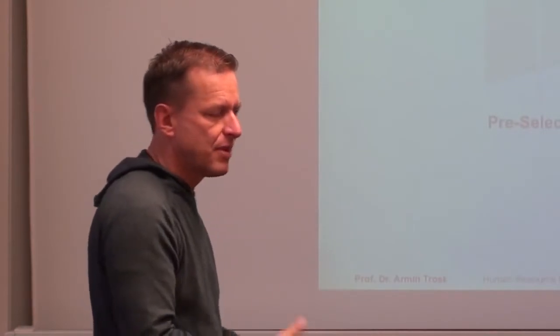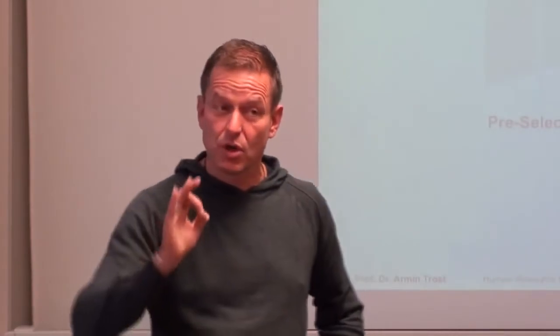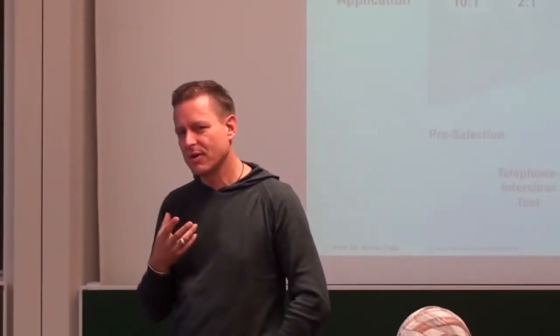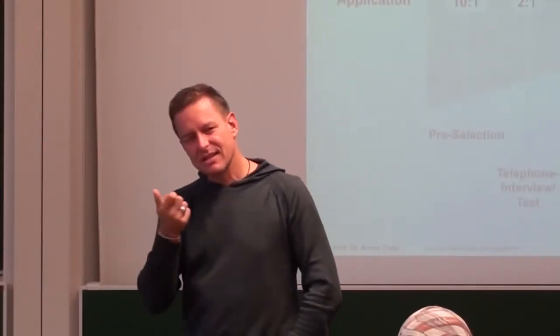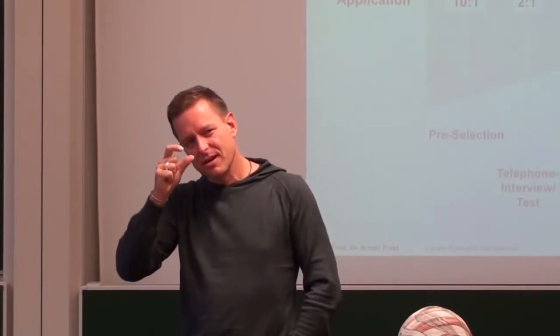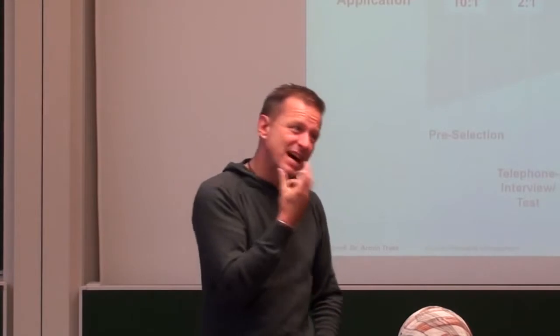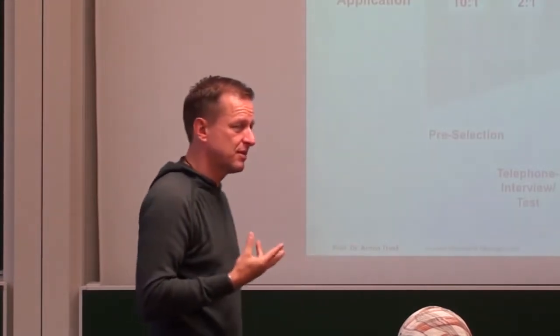But the point is, it's not really valid. We talk about validity later, what that is, but it means: is it really the right decision? You can't be sure at this point. It's not flipping a coin. It's more than this. But it's not a very valid, reliable, objective method.